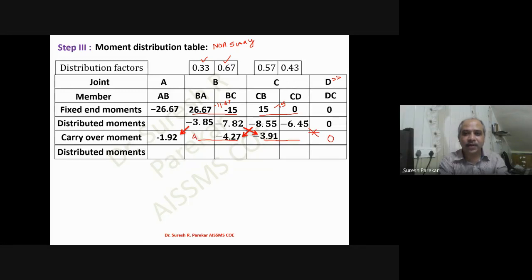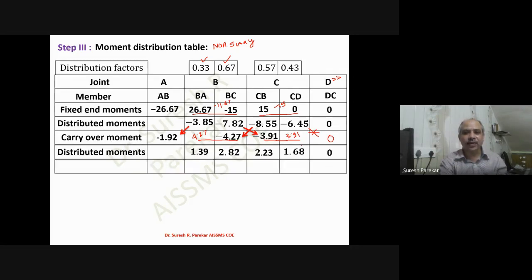This will be 4.27 unbalanced, and here I have unbalanced plus 3.91. Then we multiply it by the distribution factor, so 3.91 and then we multiply it by 0.33. Now these will be plus values.